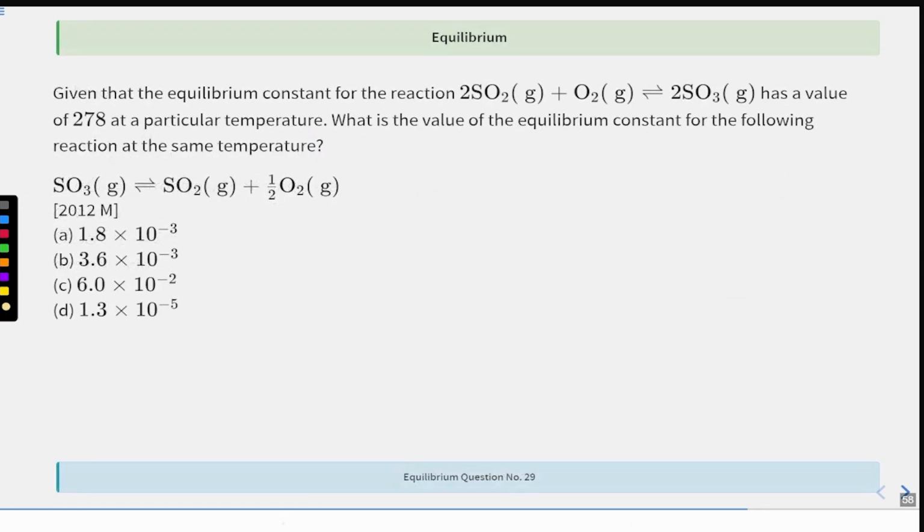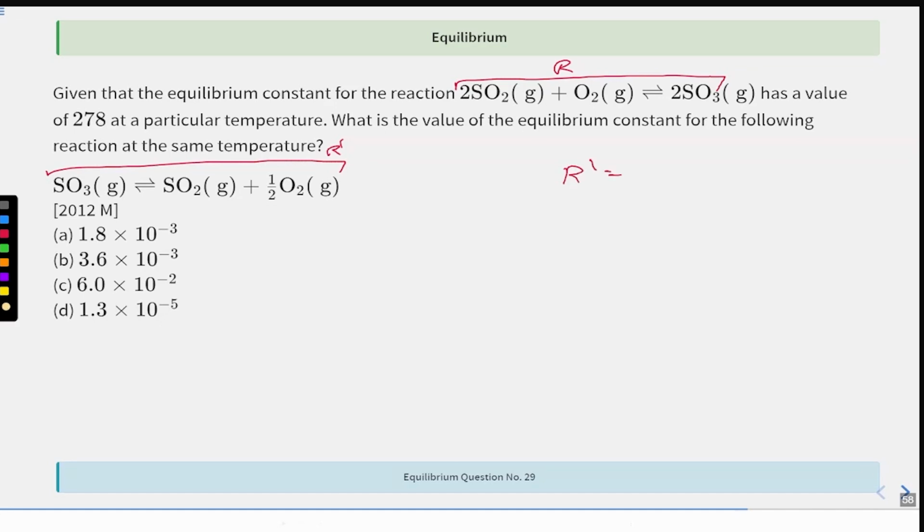Now, given that the equilibrium constant has a value of 278 at a particular temperature, what will be the equilibrium constant of this particular reaction at that temperature? If you technically see this reaction R and this reaction R dash, a few things that I see.